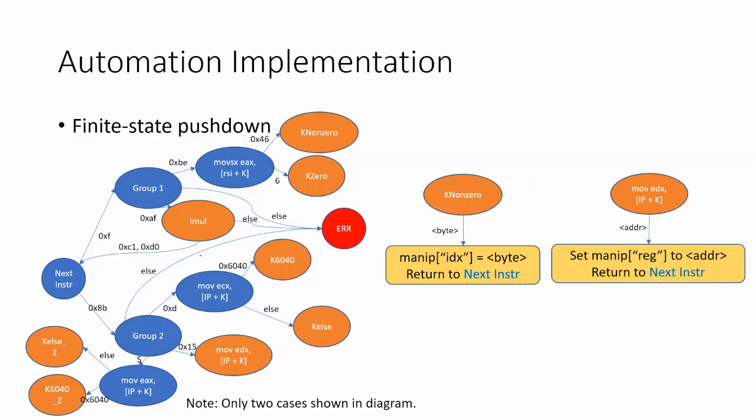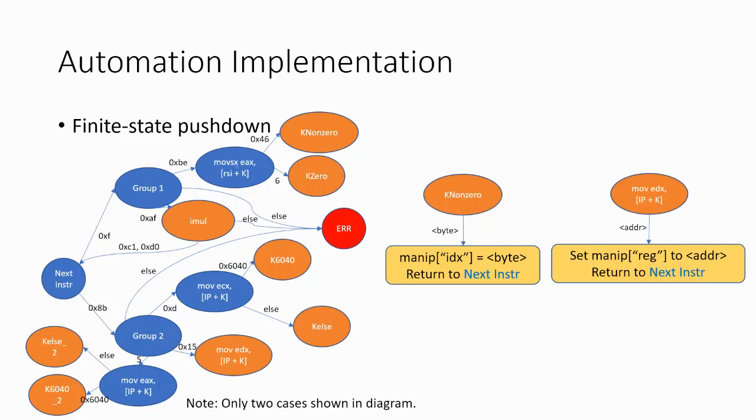This graph shows how we progress through the bytes, how we accept the byte, and then what we do based on that. And of course, if we reach something that we don't expect, we drop down to error. When we reach one of these terminal nodes, we want to perform some special operations.